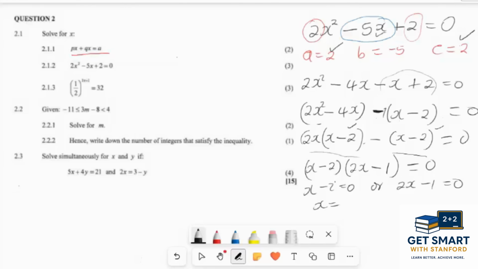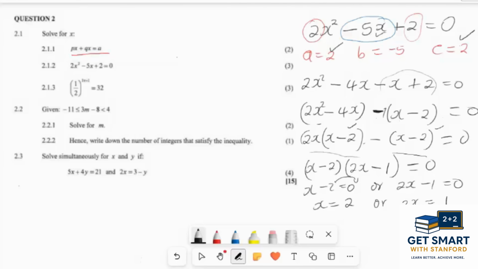Transposing means we are taking something from one side of the equal sign to the other side, and then it changes its sign. Here we had x minus 2, it now changes to be positive 2, or 2x equals positive 1.